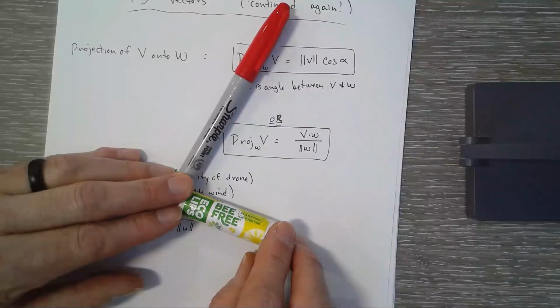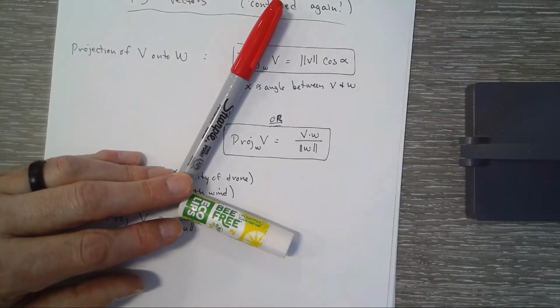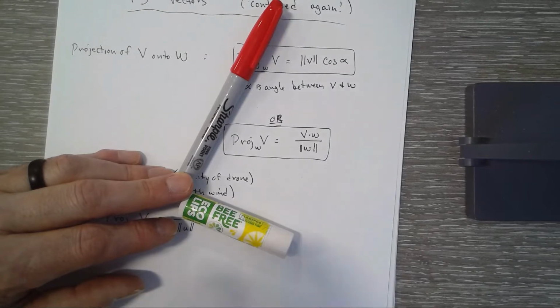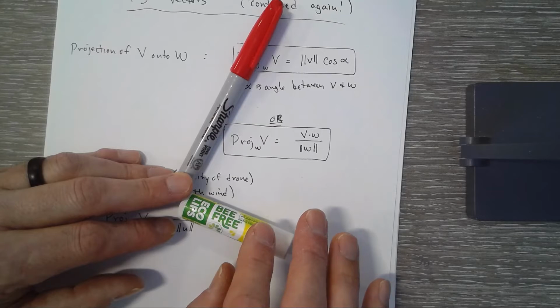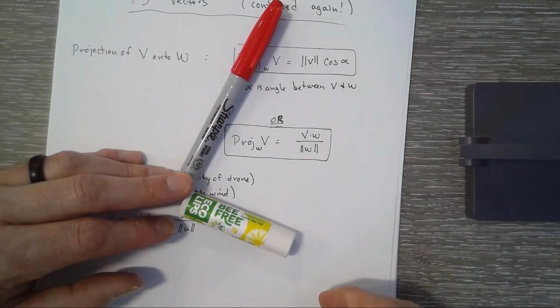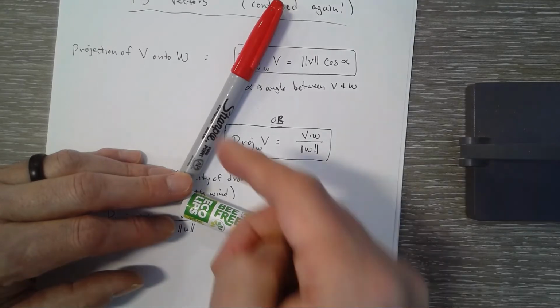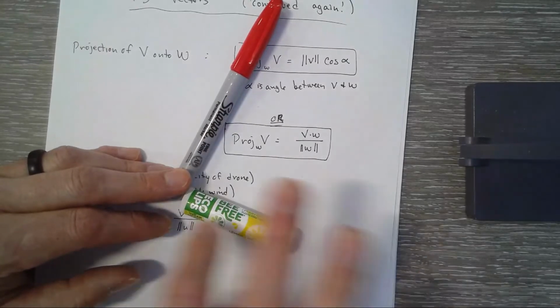It's like saying what lands on the ground first if you drop a bullet or you shoot a bullet straight horizontally. The horizontal velocity of the bullet doesn't have any impact on the gravity because they're perpendicular to each other.